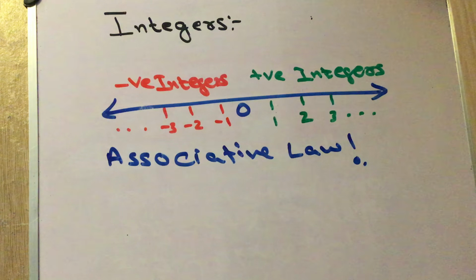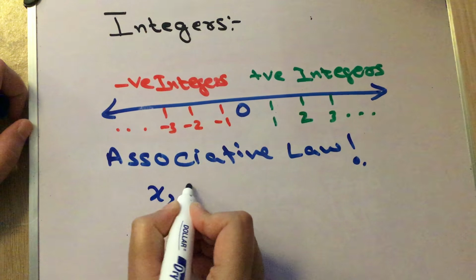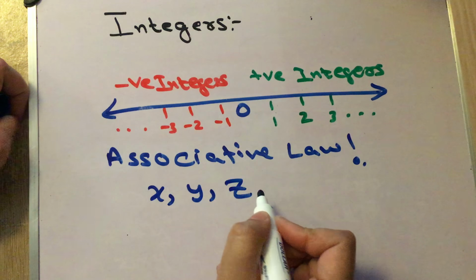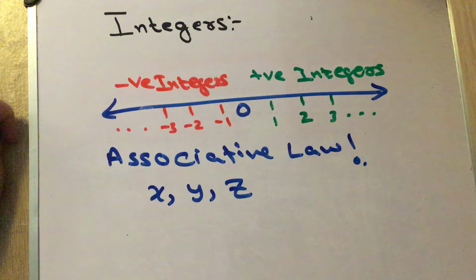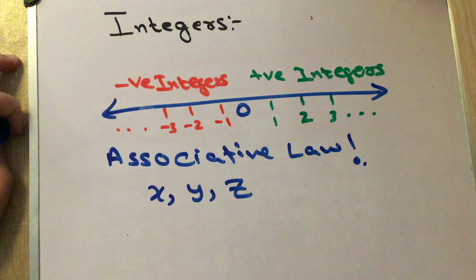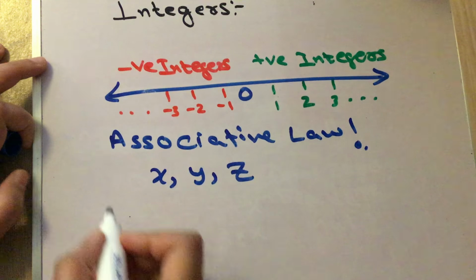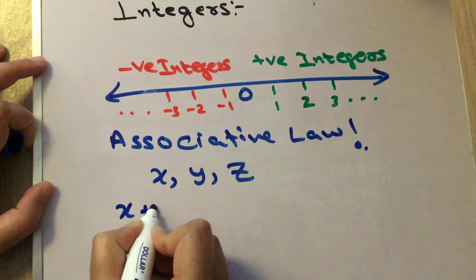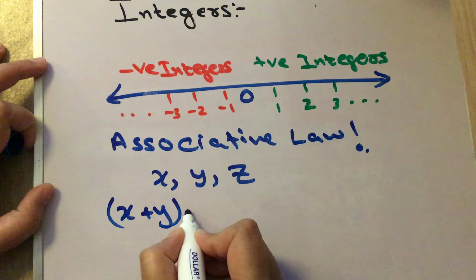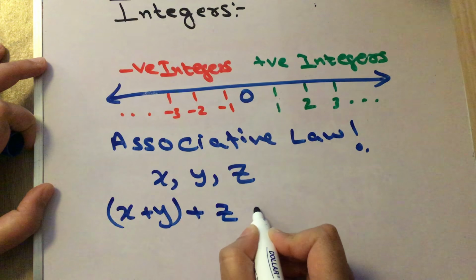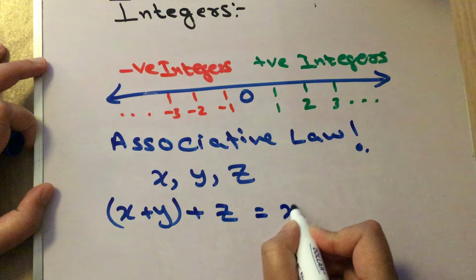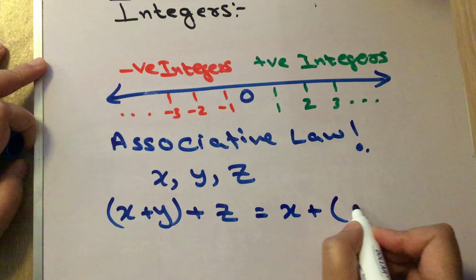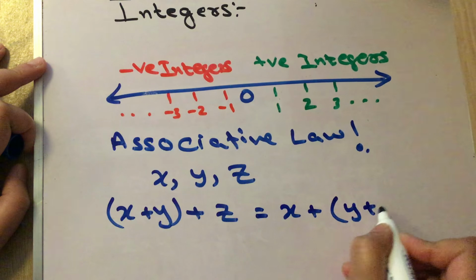Associative law states that if x, y and z are three integers and we want to apply either the multiplication or the addition operation over these integers, then x plus y plus z will be equivalent to x plus, no matter if you add y plus z first.